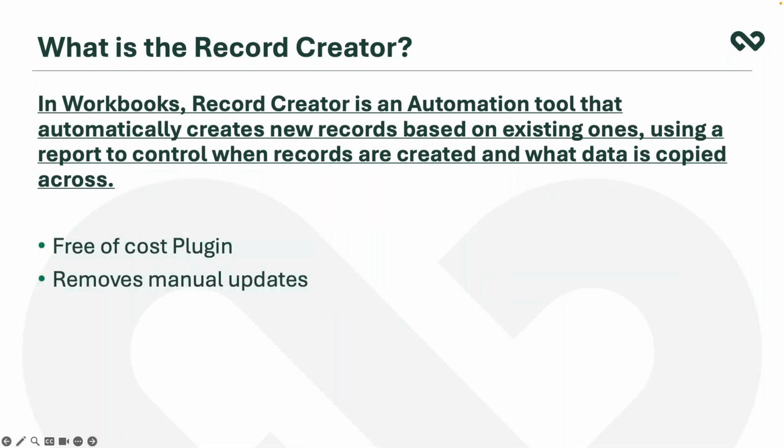Using the Record Creator, we can cut down on the time spent by users manually creating repetitive records. Record Creator also helps us apply business rules consistently, which reduces the risk of missed or incorrect updates made to a field and also ensures records do exist.